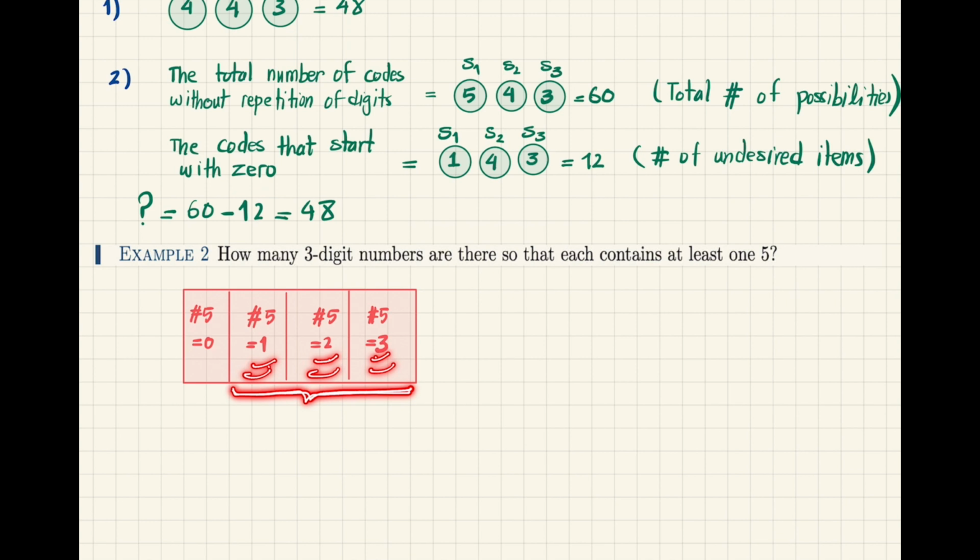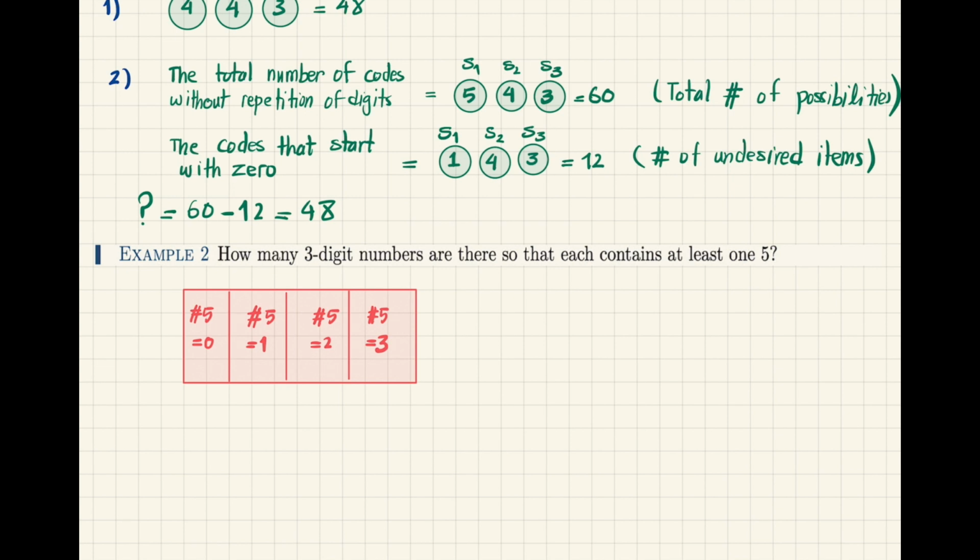And by the way, you know that the sum rule is applicable because there is no intersection between these parts. If a number has exactly 1 5, it cannot simultaneously have 2 5s, and so on. There is no single number that is in more than one of these parts.